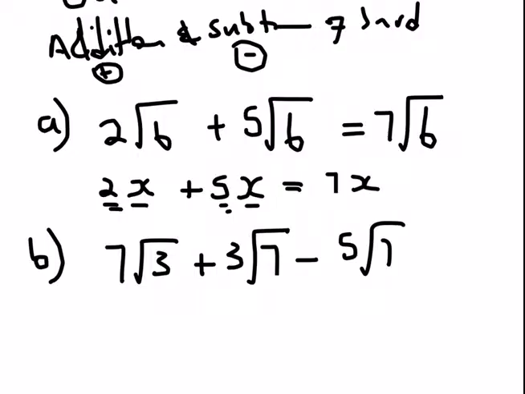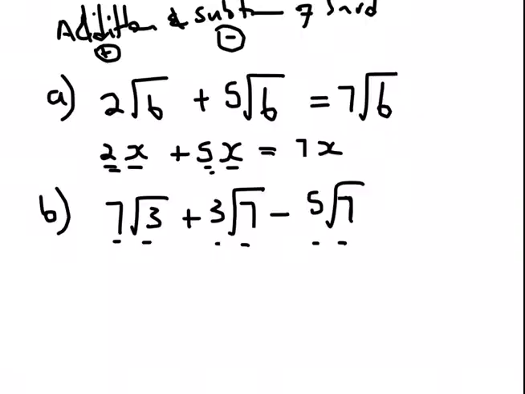Just be careful there. This is 7 square root of 3. What will this be equal to? It's like you have 7x plus 3, and it can't be x, so it will be y. And then minusing, it's like 5y, because it is still square root of 7.